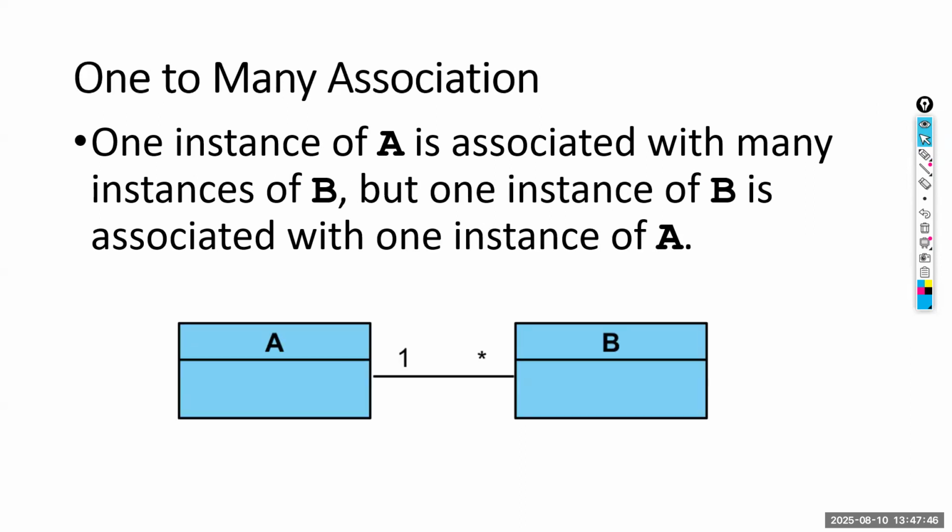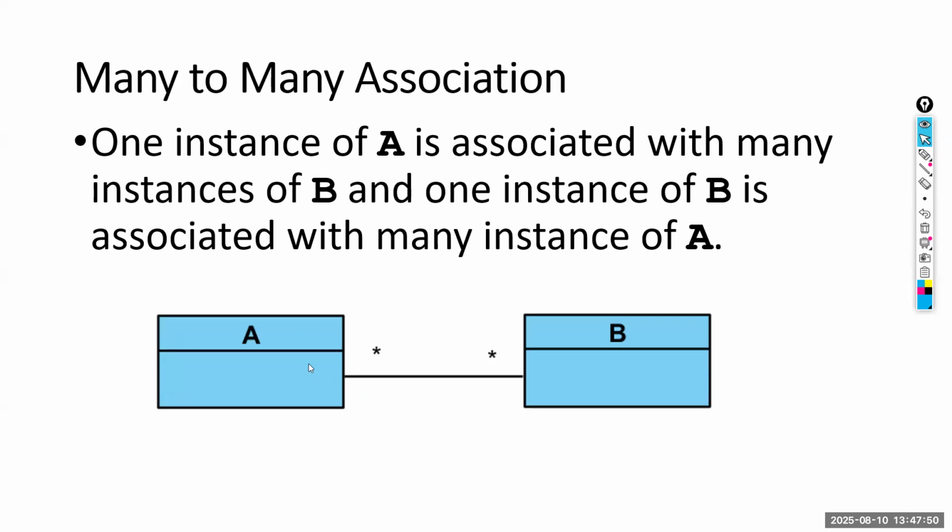And many to many means one object of A is associated with many objects of B, and one object of B is associated with many objects of A. So then it is something like this. Let's draw with the other object in red color. Let's draw this like this.